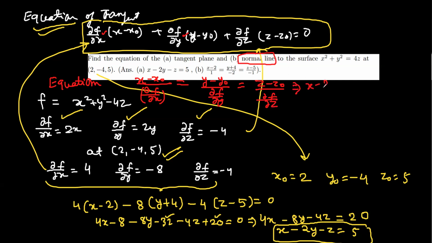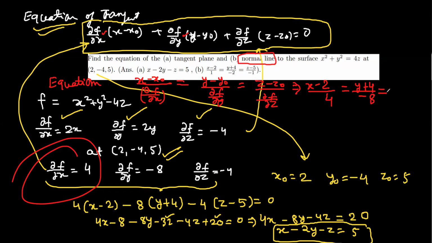So x naught is 2 and del f by del x is 4. y naught is minus 4, so it becomes plus, and this is minus 8. z minus 5 is equal to minus 4. Understood?